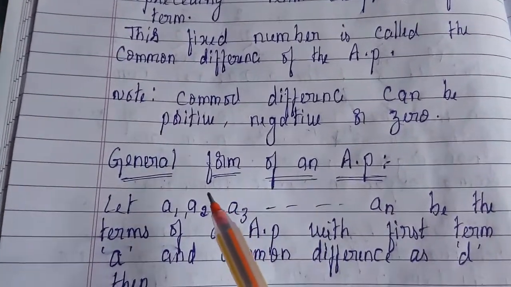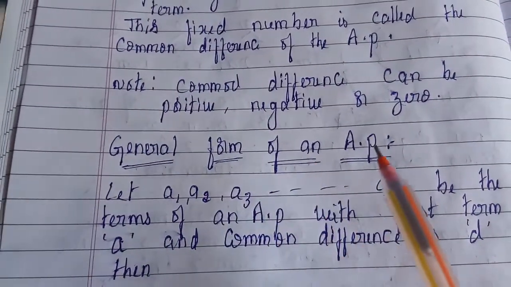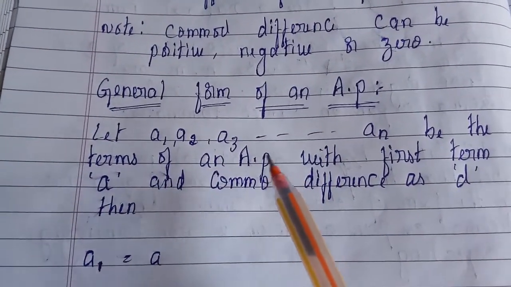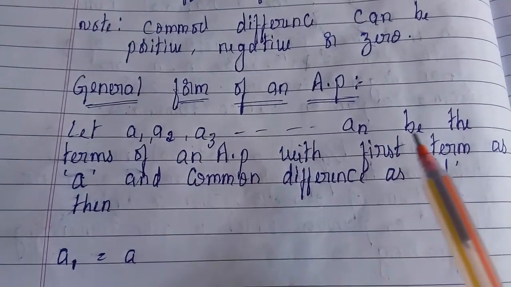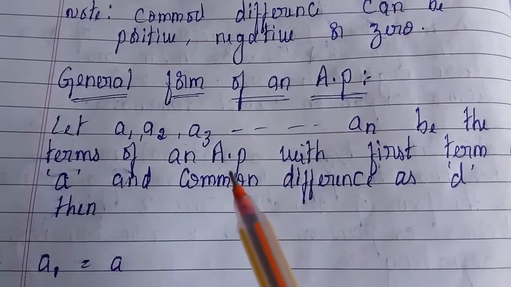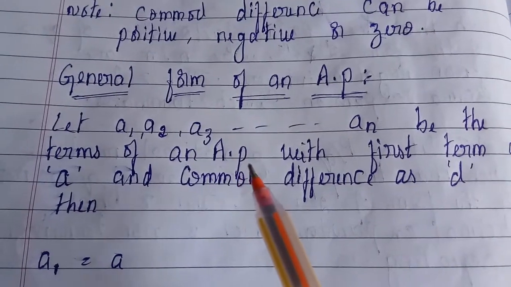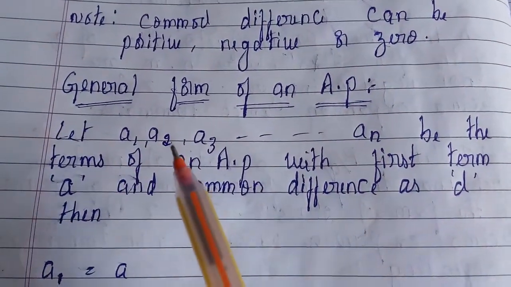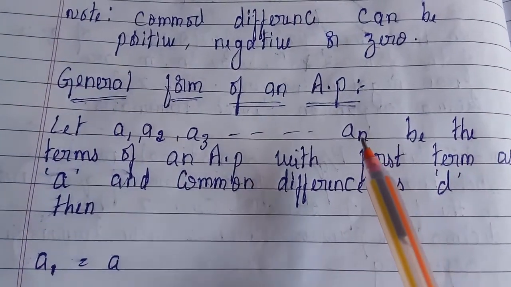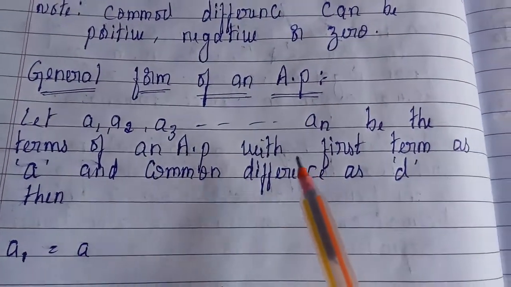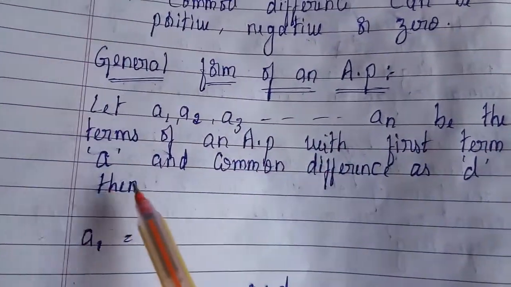Next, let me move to the general form of an AP. Let a1, a2, a3, and so on, an be the terms of an AP. As you know, an arithmetic progression is an infinite series, so you have infinite numbers. a1, a2, a3, and an, the nth number, are certain numbers in an AP with first term as a.